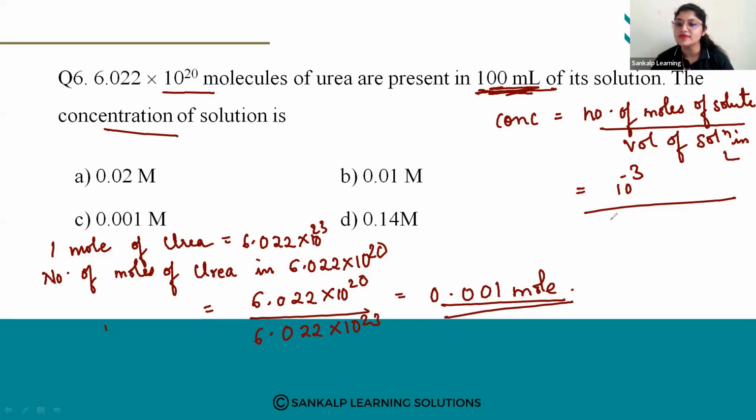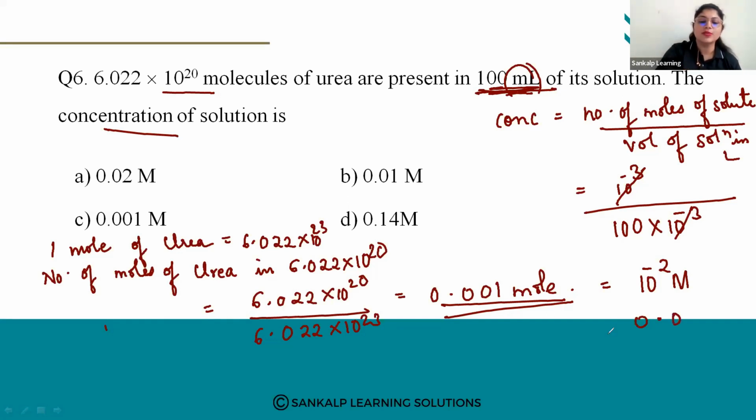Then the volume of solution is 100, and this is in ml, so you have to divide it or multiply it by 10 raised to minus 3. So what will the answer be? The 10 raised to minus 3 will get cancelled, and it will be 10 raised to minus 2 mole, or 0.02.